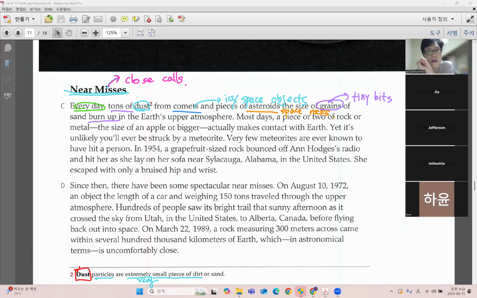Burn up in the Earth's, what is the atmosphere? How can you explain the atmosphere? Atmosphere is gases or air. So we can say air around the earth or gases around the earth. Where is the atmosphere?